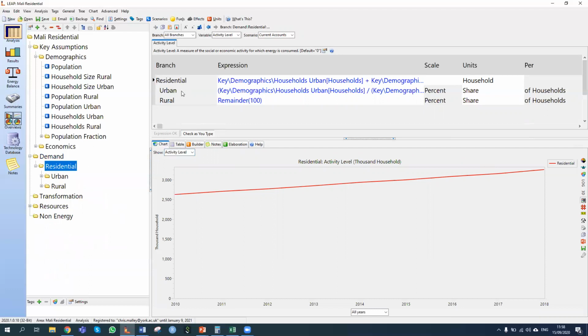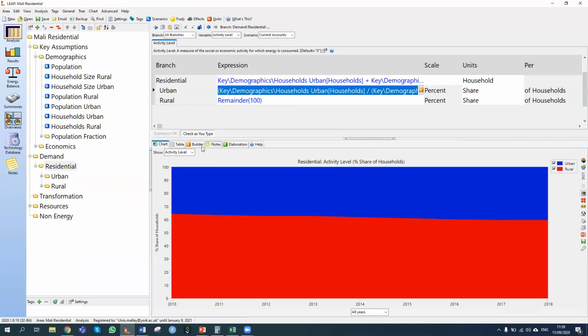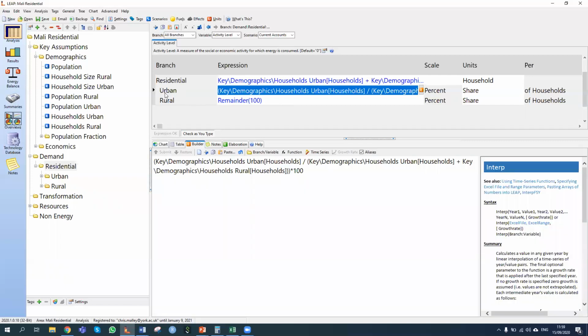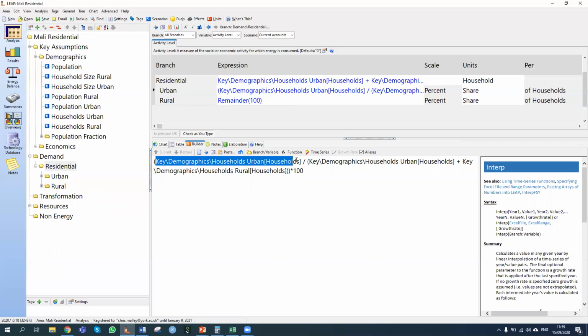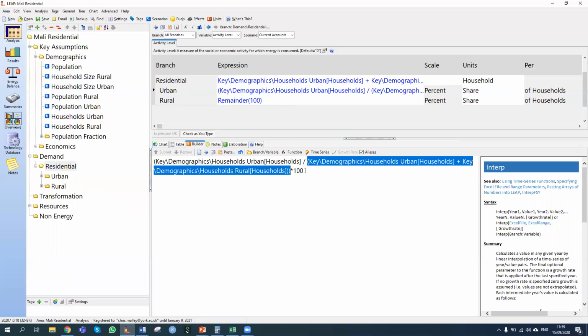The next level down, we then have urban and rural households separated, where we want to enter the percent share of households who are in urban areas or that are in rural areas. And again, this percent share of households is not entered directly, it's calculated. So the number of households in urban areas is calculated as the number of urban households divided by the total number of households, multiplied by 100 to get it into percentage.